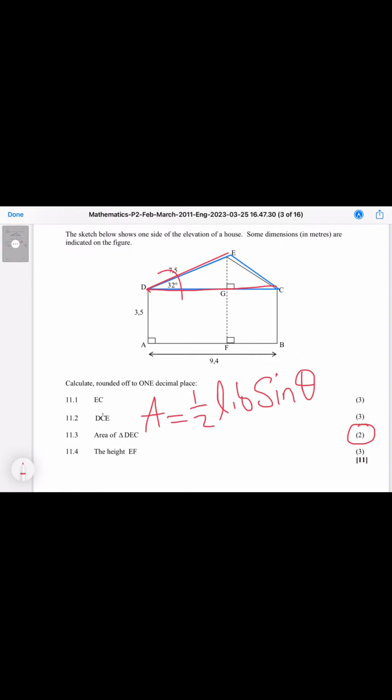And that's how you are going to easily calculate the area of triangle DEC. I think that was a straightforward question. So very quickly, let's see if we can move on to the last question, and then we'll be done with this question.